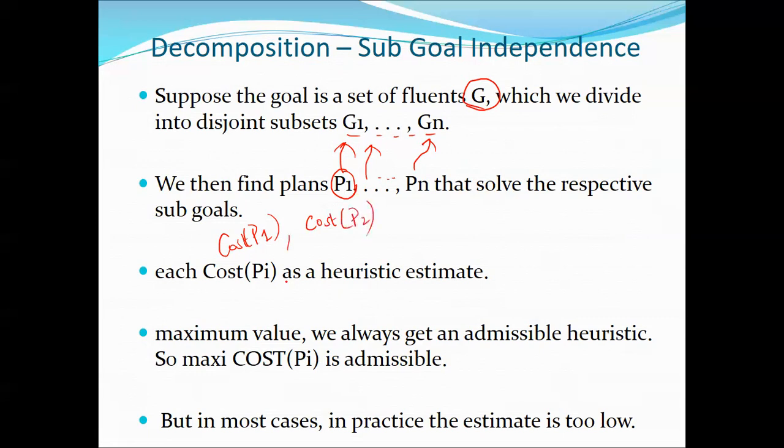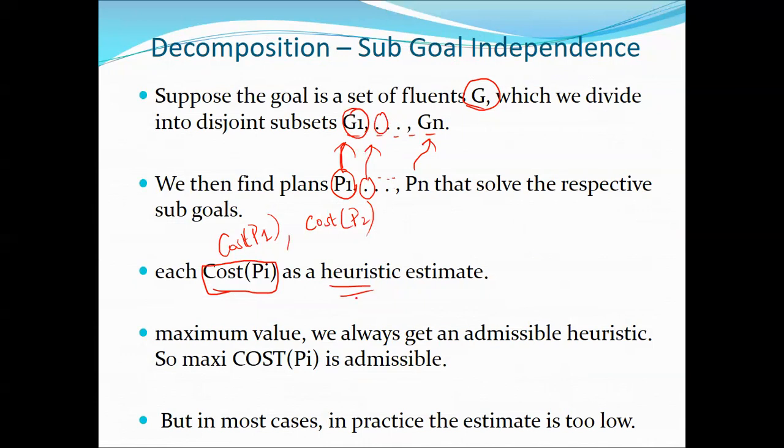So this cost of Pi is a heuristic estimate. For every problem we have a cost: for P1, P2, P3, for everything we have a cost. Each of these costs is a heuristic estimate, because it is achieved by relaxing each of the goals. By relaxing the goal state, we have achieved the cost.